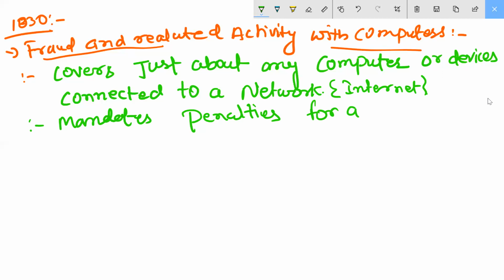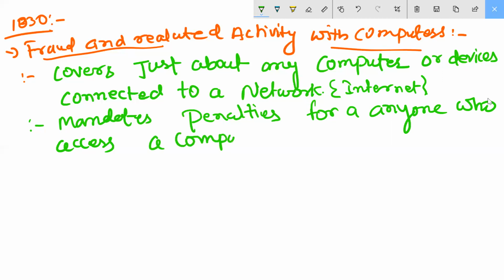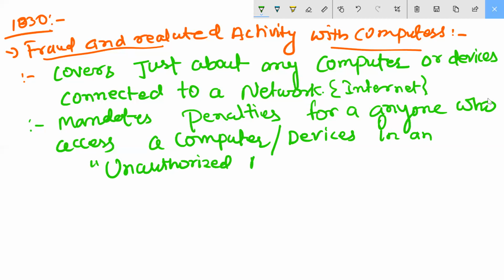anyone who accesses a computer, or you can say devices, in an unauthorized manner, or exceeds one's access right.